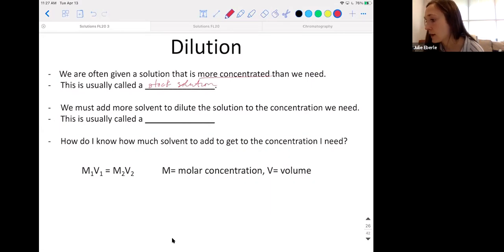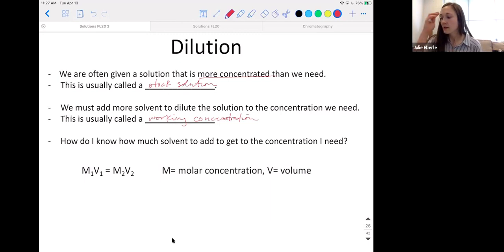They're more concentrated than we need, so to use it at an appropriate concentration, you have to dilute it. You're diluting it to what you call the working concentration, and that's what you're going to actually administer to the patient, or use in the lab.